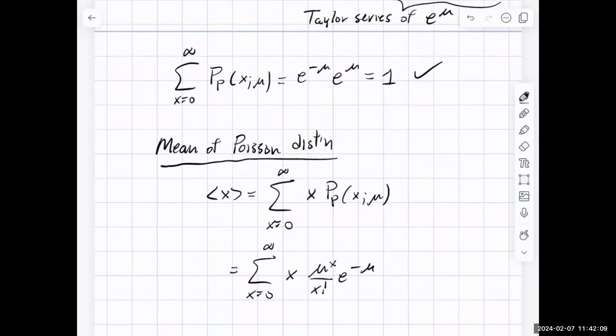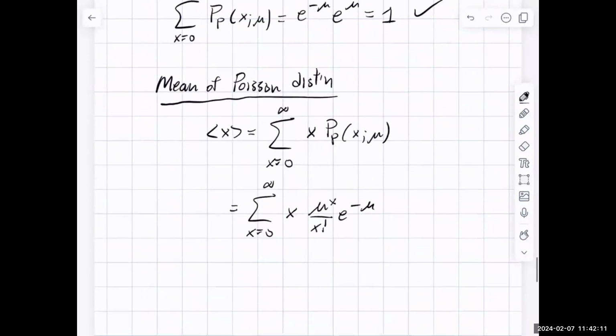Okay, so what we'll do is we'll do this calculation in exactly the same way we did it for the binomial distribution. The first thing we do is just separate out the x equals 0 term. And that's just going to be 0 times some stuff.